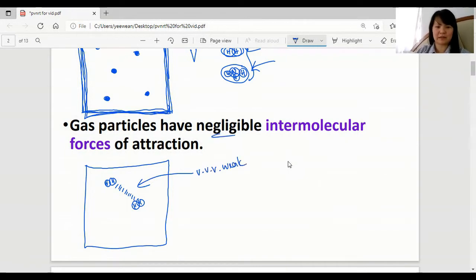But it's not so true for NH3, because NH3 has rather strong intermolecular forces. So in comparison, H2 is probably more ideal than NH3, because NH3 has very strong intermolecular forces, which are not negligible. For H2, the forces are weaker, so we can neglect them. As you can see, a gas can be more ideal or less ideal, but it can never be fully ideal.